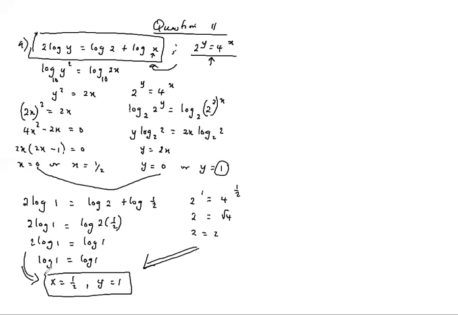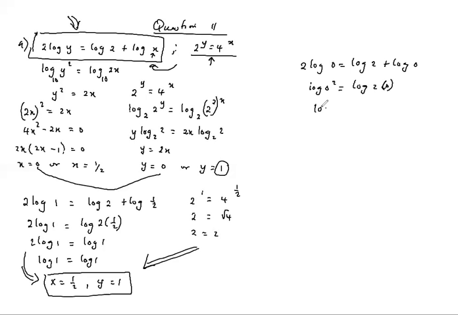But we can still use it, because if we take x to be 0 in this equation, y must also be 0. So we have 0 here, and we have 2 log y equal to log 2 plus log 0 there, which is log 0 squared equal to log 2 multiplied by 0.